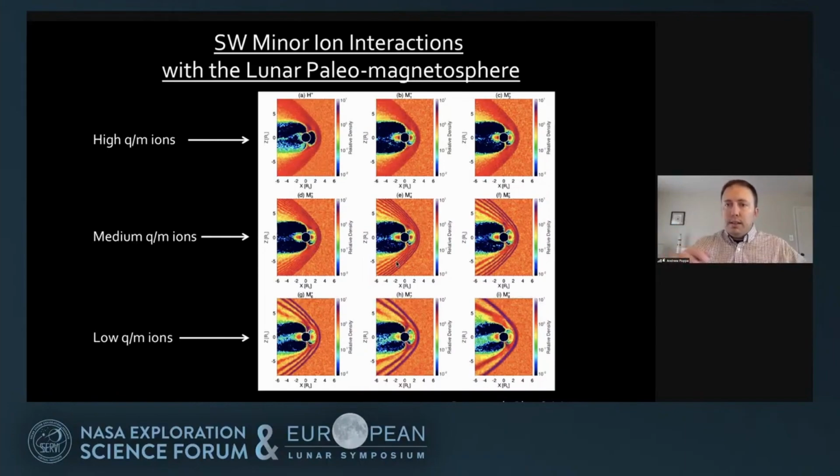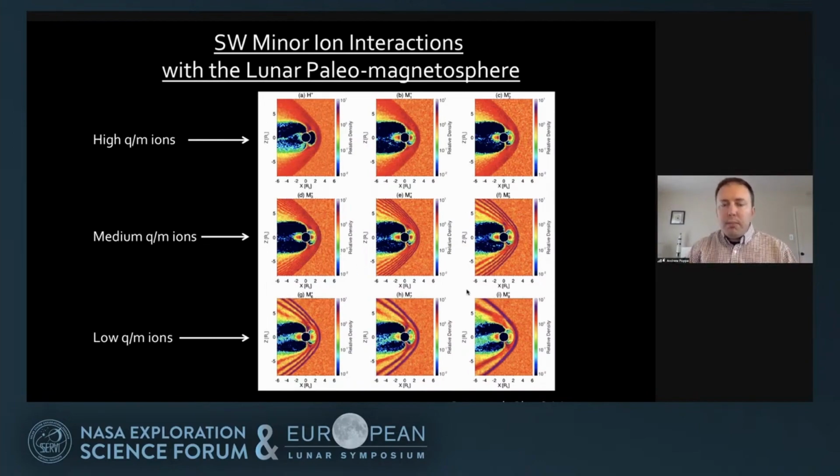That has to do with the gyro radius of these ions as they interact with the bow shock. But from these sets of simulations, we then computed the precipitating flux of these ions onto the surface. So if you look closely, for example, you can see flux precipitating in through the cusp regions of these magnetic fields, and trapped radiation-belt-like particles that also precipitate to the surface.